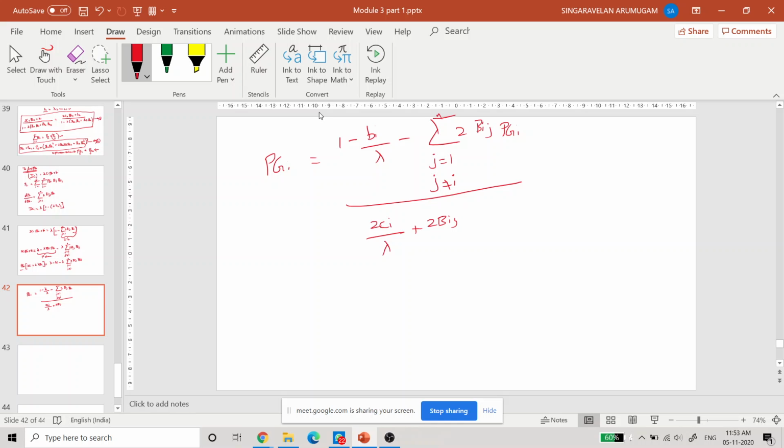Sorry, this is 2Bii, because the ith element part will come there. Please change, this is Bii.